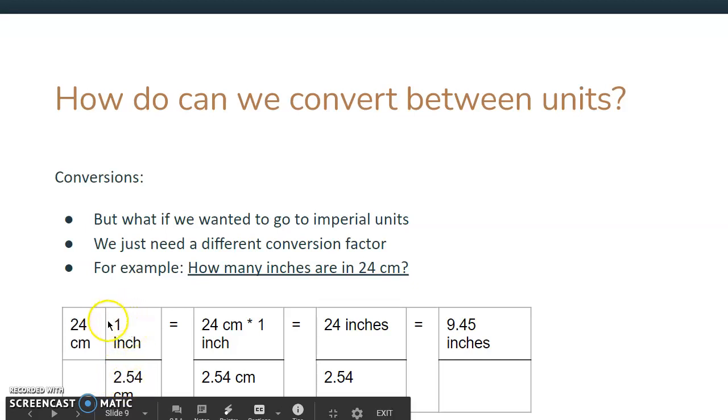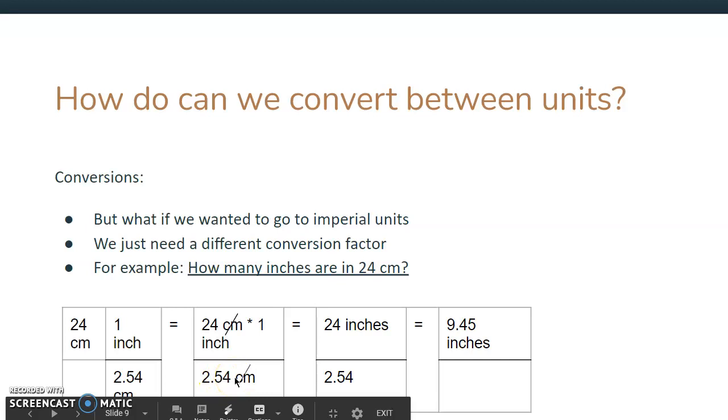This part can be difficult to know which way to set it up, but we always want the unit that we start with to be on the bottom so it will cancel out. So we're going to do 24 and use our conversion factor and then multiply them across. So we have 24 centimeters times 1 inch divided by 2.54 centimeters.